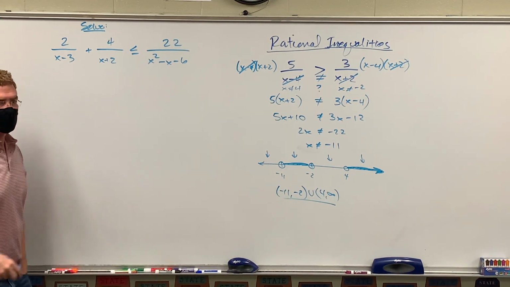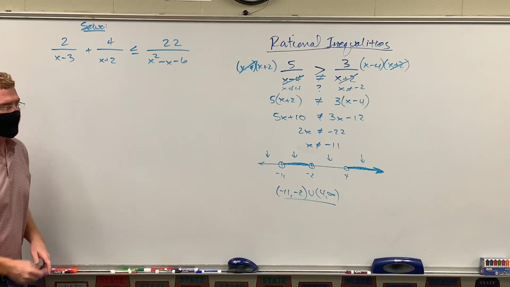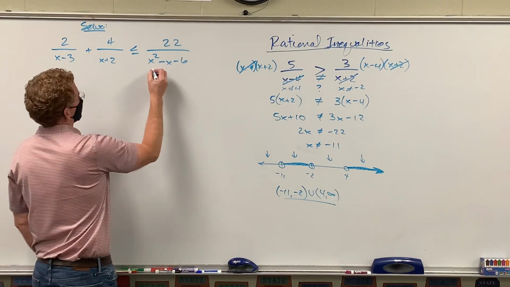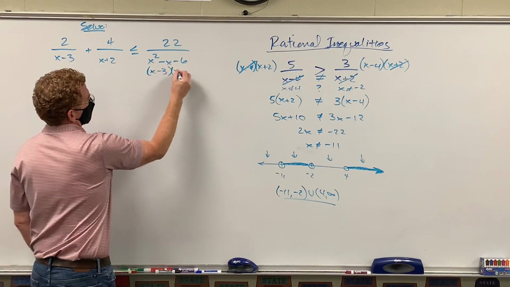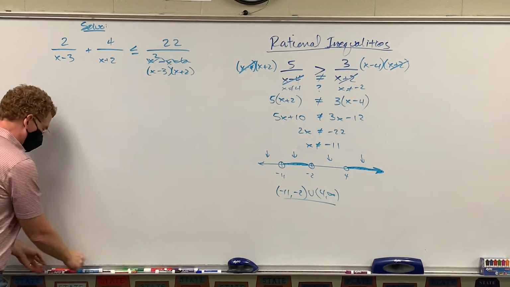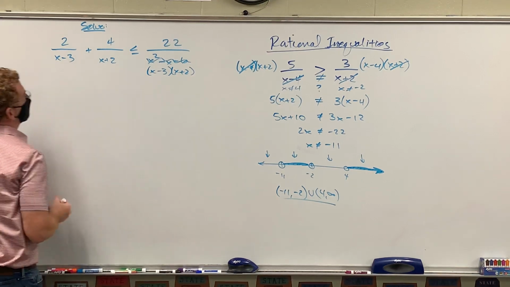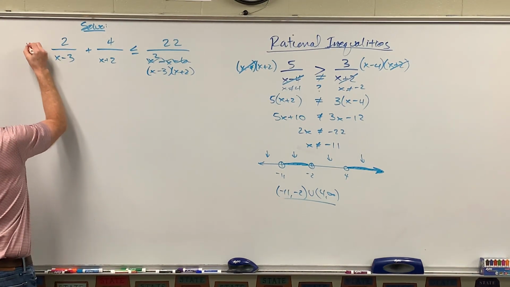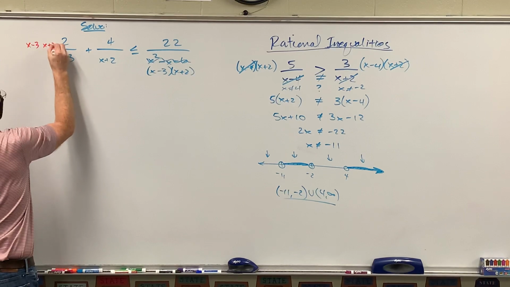Multiply by the common denominator. Go ahead and get rid of all those denominators. And sure enough, when you factor this to determine that, that was really nice of me, wasn't it? So you're going to come in here and multiply each side, which ends up being each term, right?